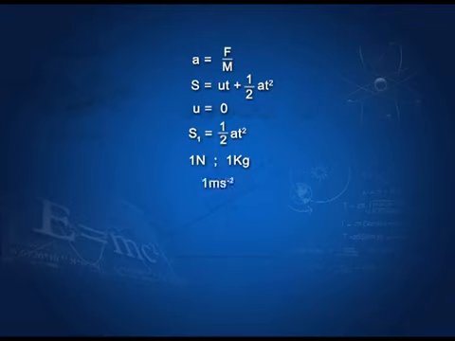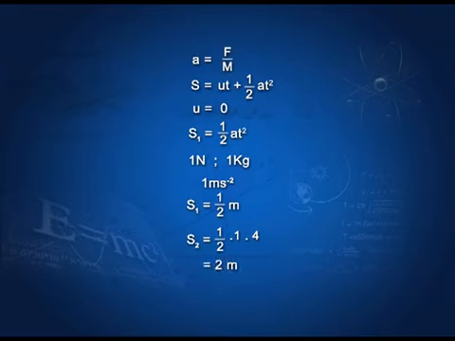Using this, our S1 value becomes half meter, S2 value will be half, acceleration remains the same, and our time becomes 2 square or 4, so you will have a value of 2 meters.